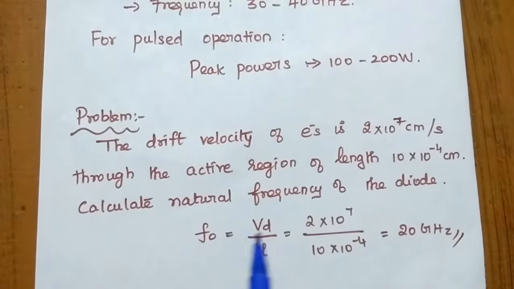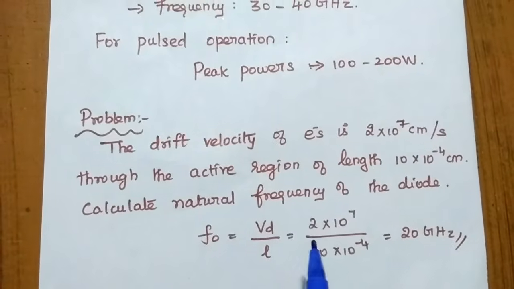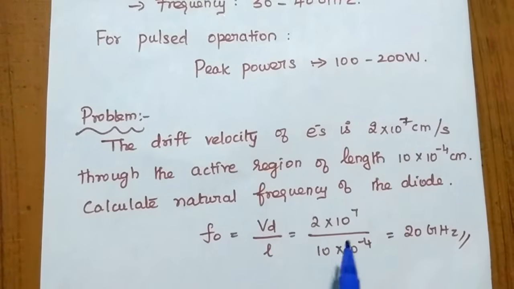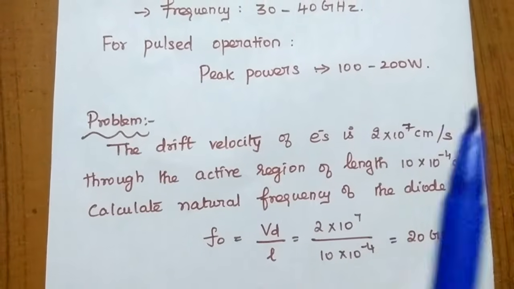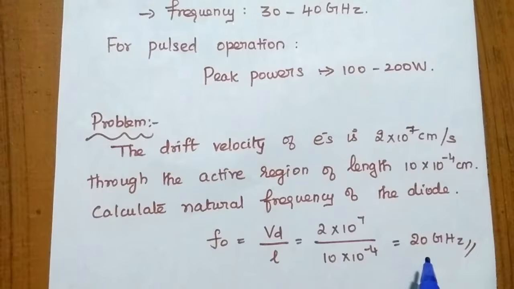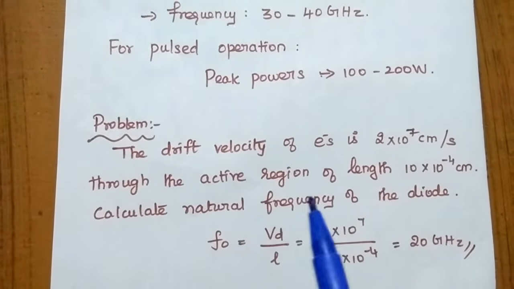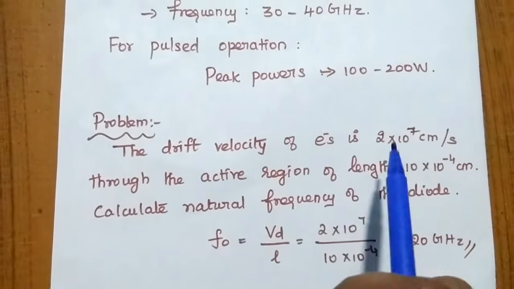F0 is equal to Vd by L, that is velocity divided by effective length, which is equal to the given value 2 into 10 to the power of 7 centimeter per second divided by 10 into 10 to the power of minus 4 centimeter. The centimeters cancel and we get the answer as 20 gigahertz. So the signal is generated at 20 gigahertz for this drift velocity.